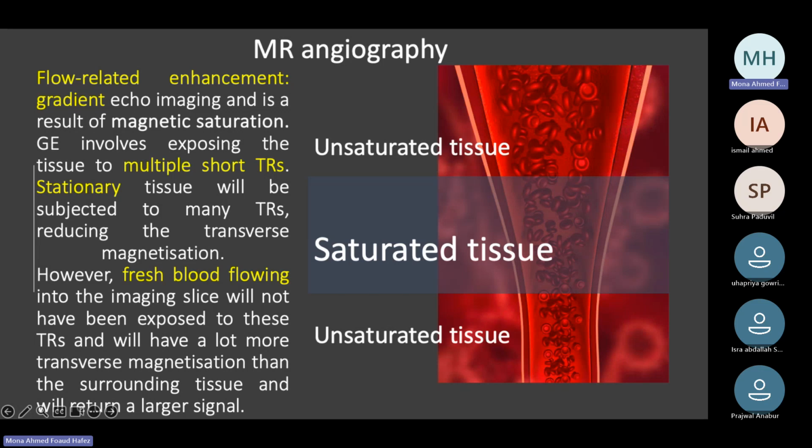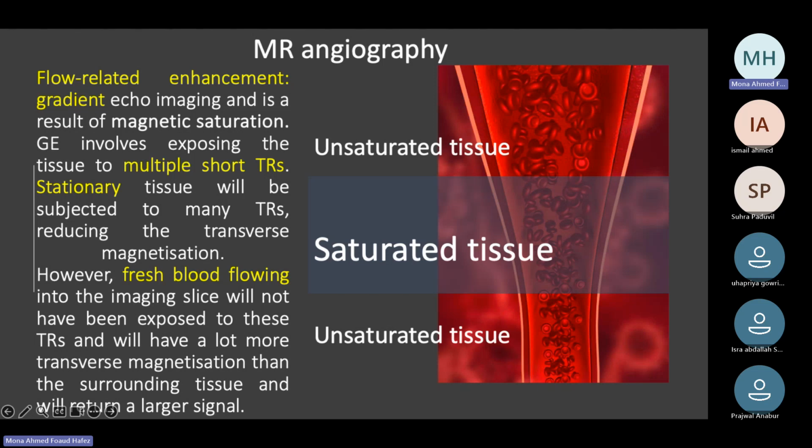The tissue around will be saturated by multiple TRs from the gradient applied to this selected slice area. However, fresh moving blood within the image slice will not be exposed to those repeated TRs, so it will produce more signal.